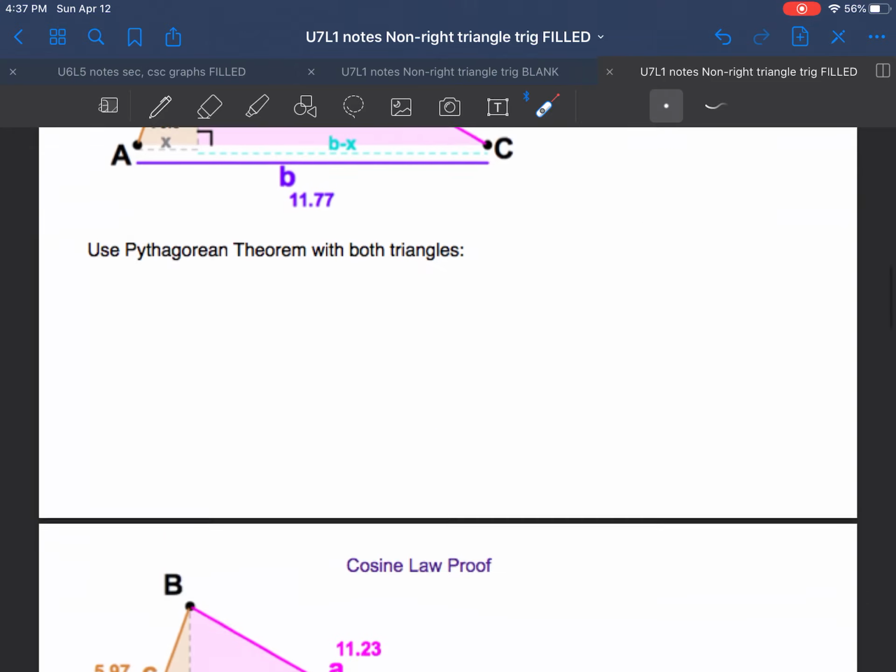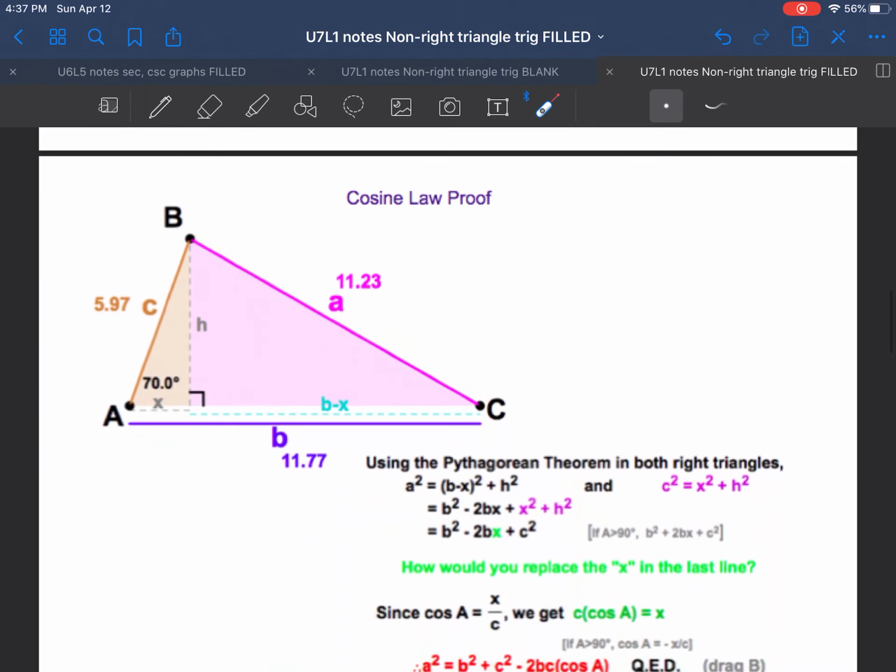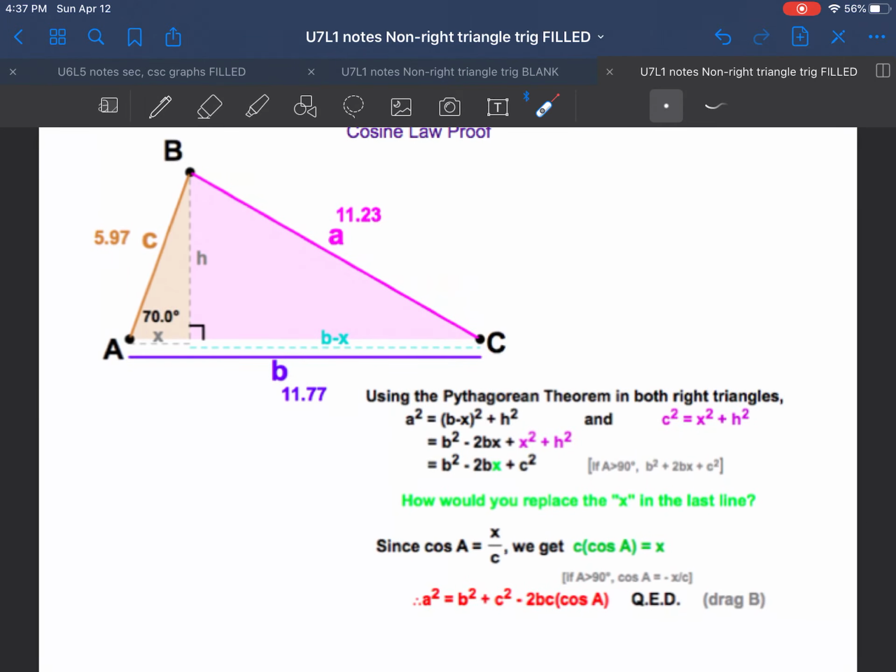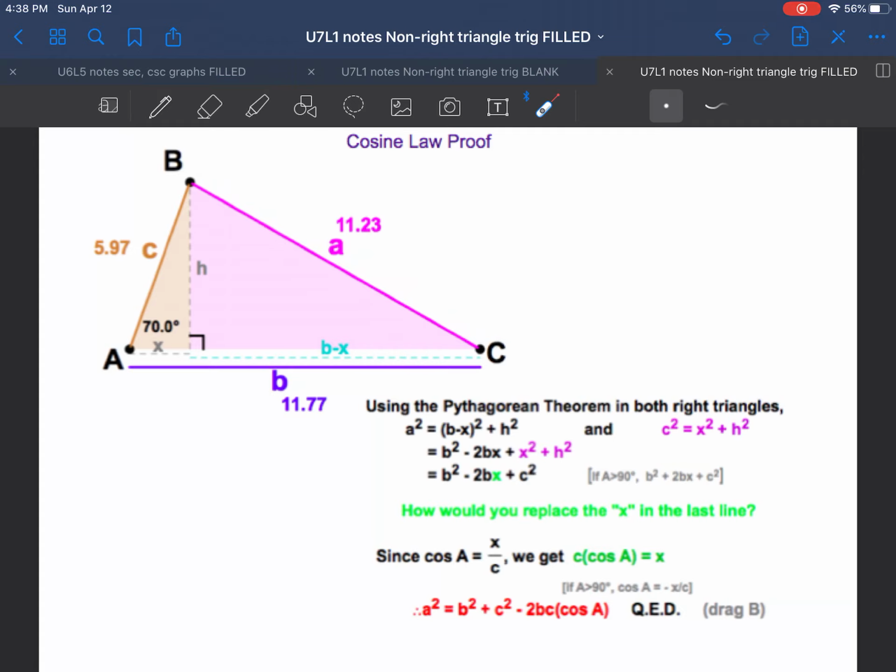All right, so how we're going to prove this, I'm actually just going to scroll down and kind of walk us through this proof because it's already printed for us. Well, we have a 90-degree angle, right? That's important. And so what that allows us to do is write two different Pythagorean theorems.